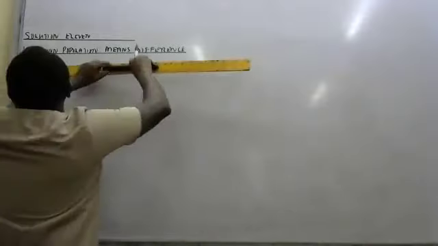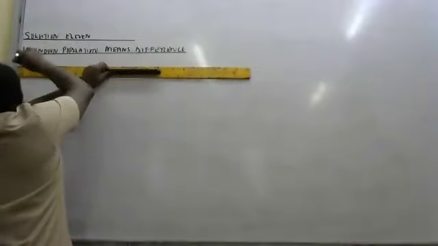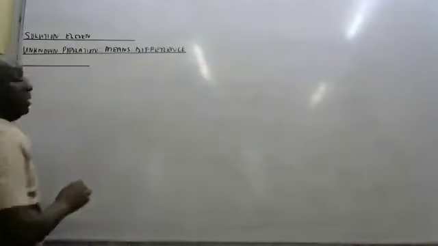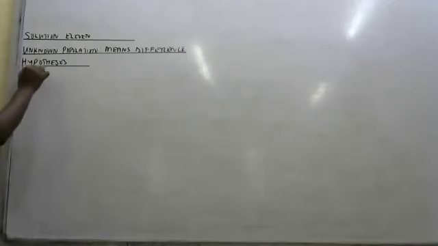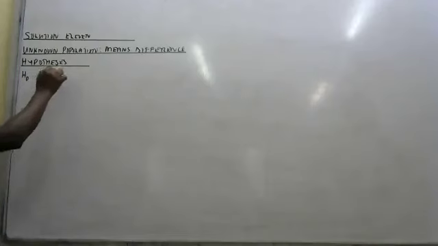So, in the hypothesis, I have told you that when you're dealing with the means difference, the null is normally written as x bar 1 is equal to x bar 2.